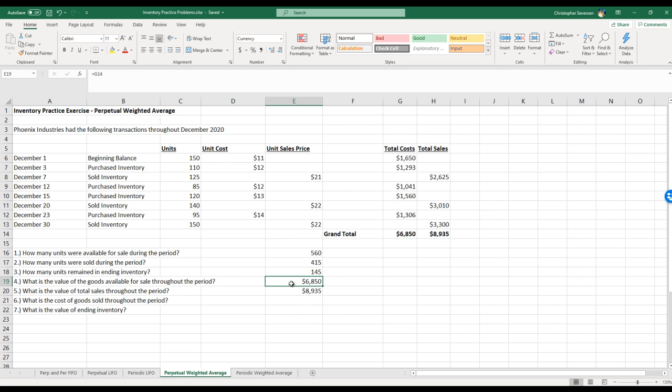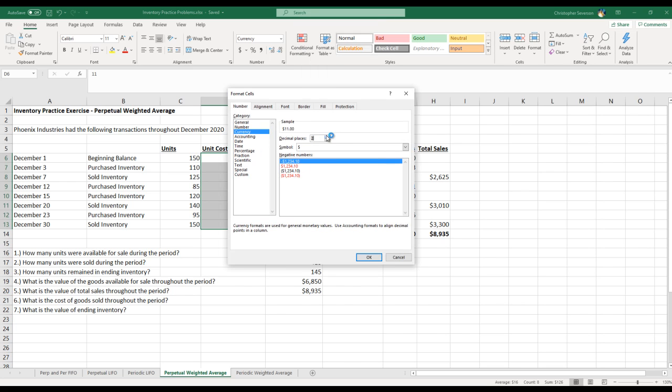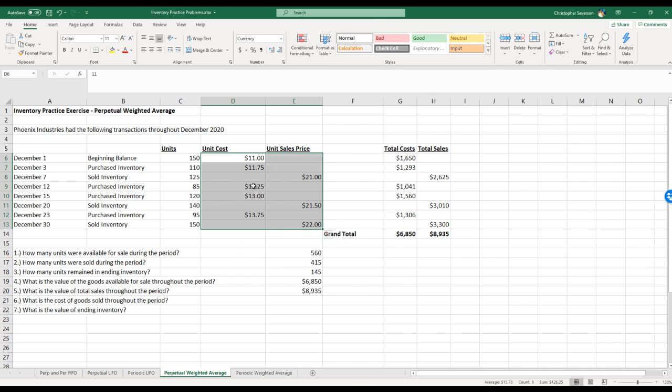Now, I want to make another point here though. When you're dealing with rounding, which we may very well be dealing with here in the weighted average, and what I also want to do is I want to make sure we've got everything showing its full dollar amount. So there was some sense there. I did a formula, so that carried over the proper number. But in any case, I wanted to make sure that shows up here.